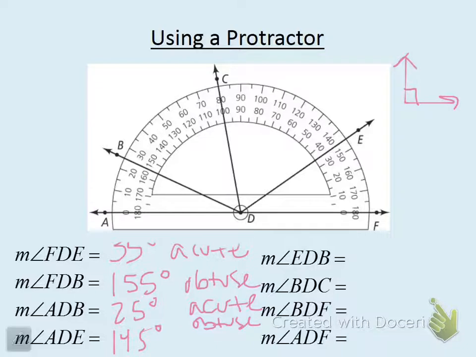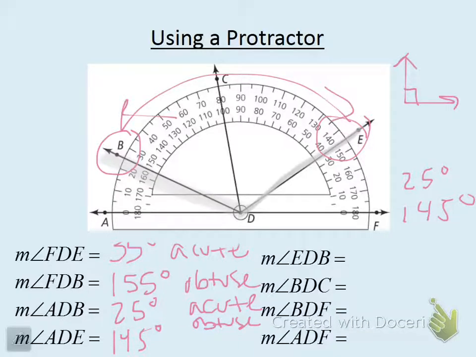So measure of angle EDB, so EDB. Okay, this one's a little bit different. So we could do either the bottom or the top. So let's say this starts over here at 25 on the top. This one starts at 145. So to figure out what this total is, I got to take 145 minus 25, okay?